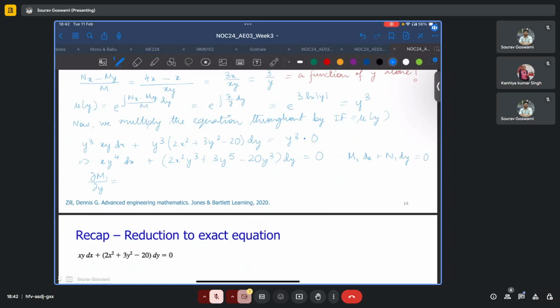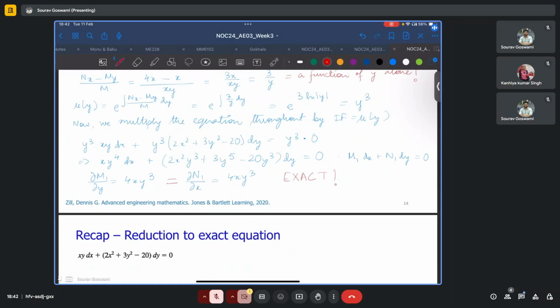So ∂M1/∂y will simply become 4xy cube and ∂N1/∂x becomes 4xy cube plus 0 minus 0. And so we see that these two are equal, which means that the equation is now exact.